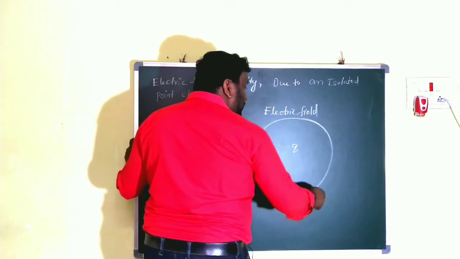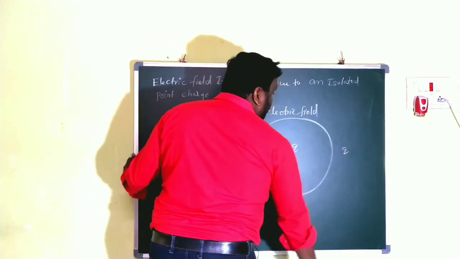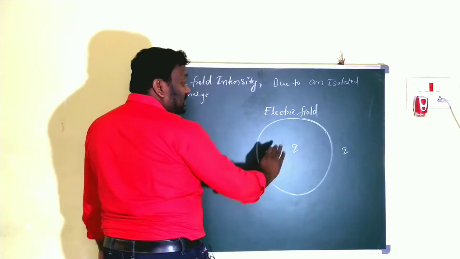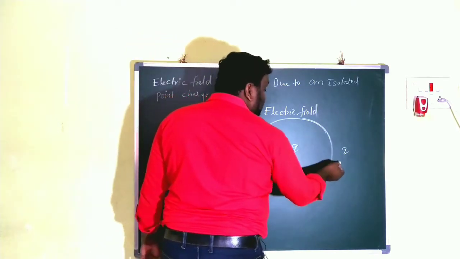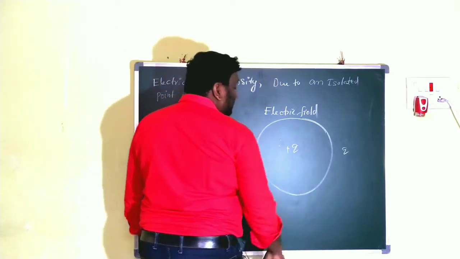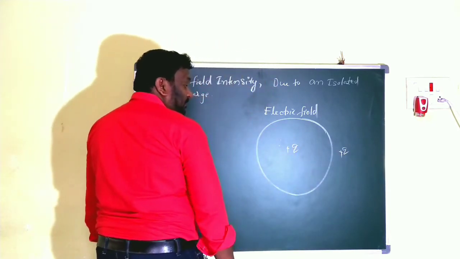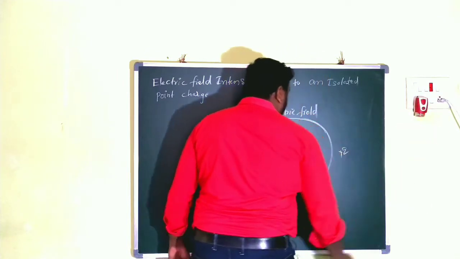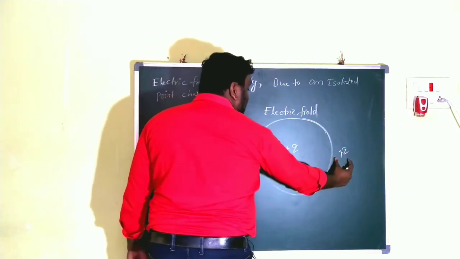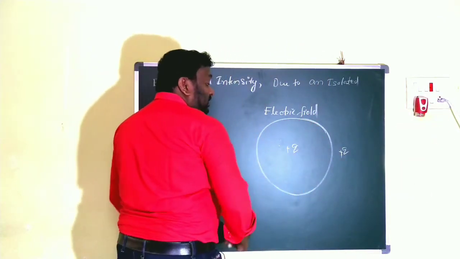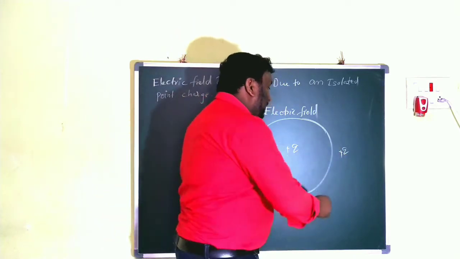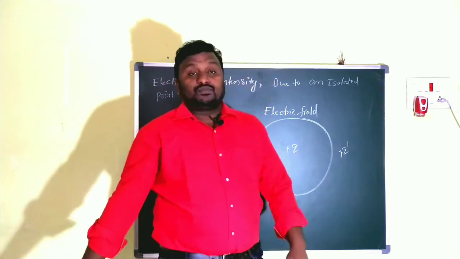If you keep some other charge out of this boundary, for example I am taking this as a plus charge, and this is also a plus charge, and here I am taking this as q dash.